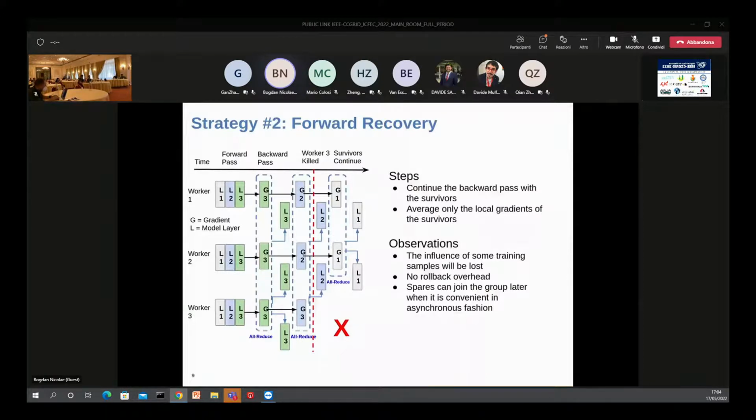And the advantage of this is that we don't replay anything even at the level of a single mini batch. So this provides the maximum performance. But on the other hand, the influence of some of the training samples will be lost.